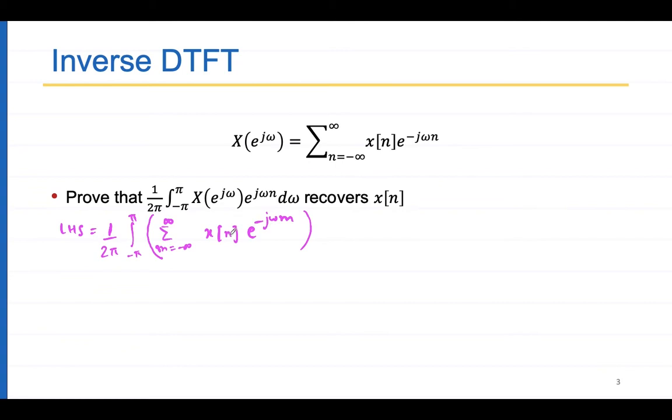Let's see what it is. This is equal to 1/(2π) times the integration from minus π to π.